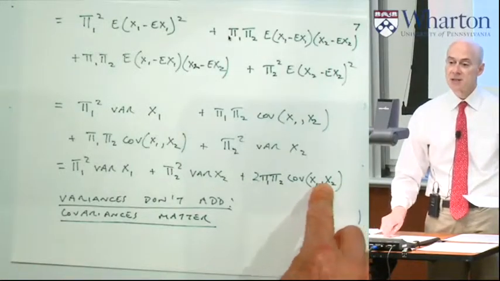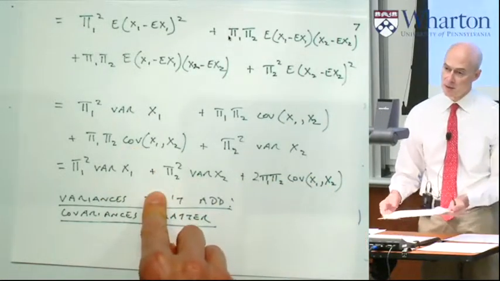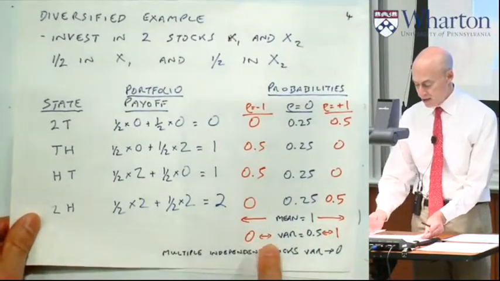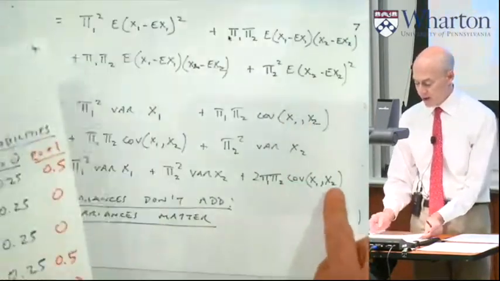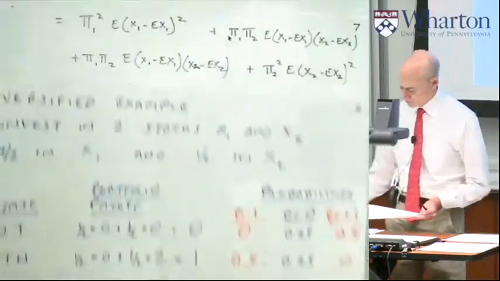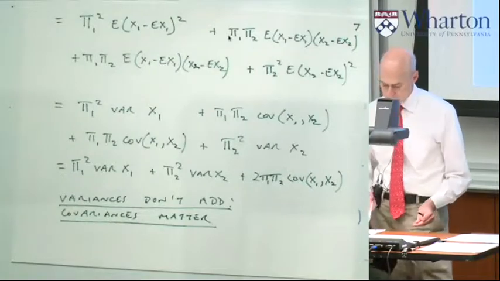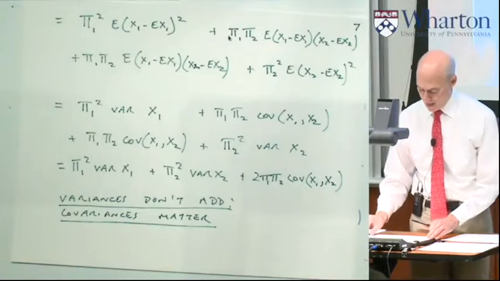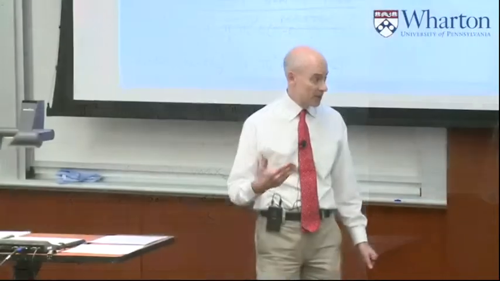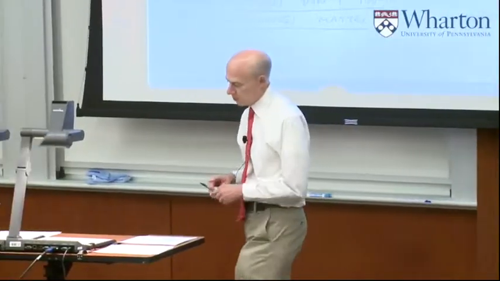Negative, so what's happening to the variance of the portfolio? It's going down, that's what we have here. And similarly, if we go up to positive covariance, the variance of the portfolio is going up. So covariances really matter in terms of the variance of the portfolio, the risk of the portfolio.